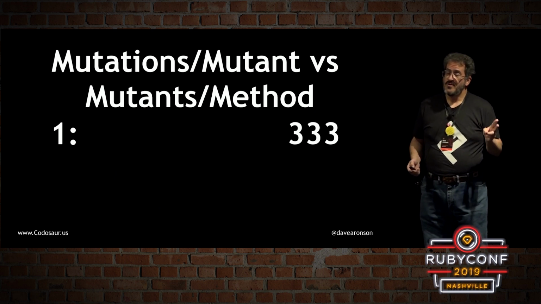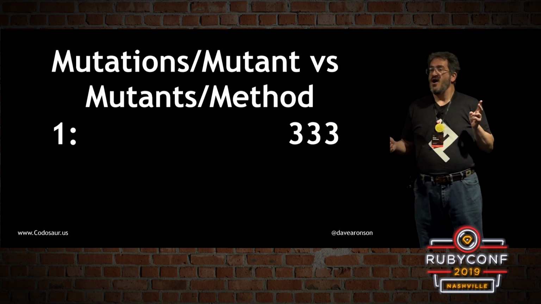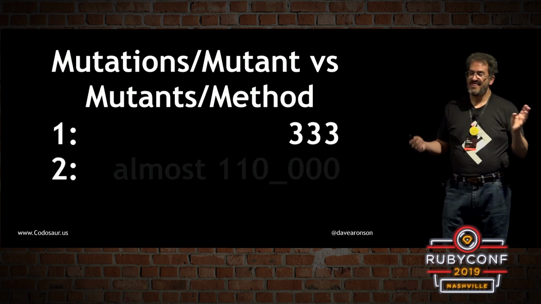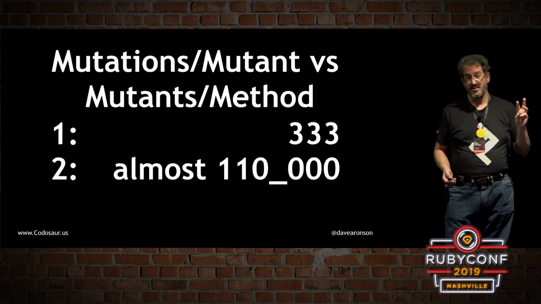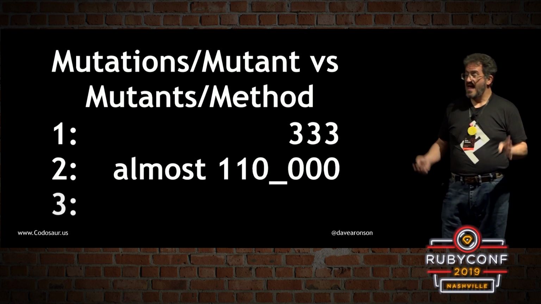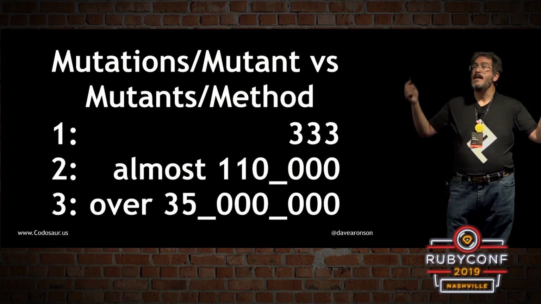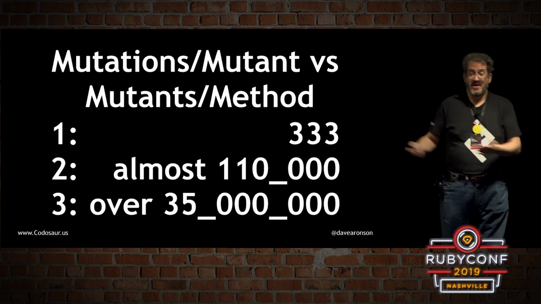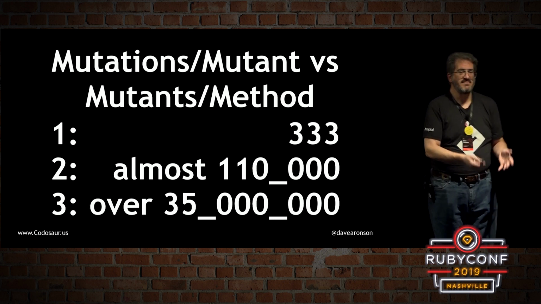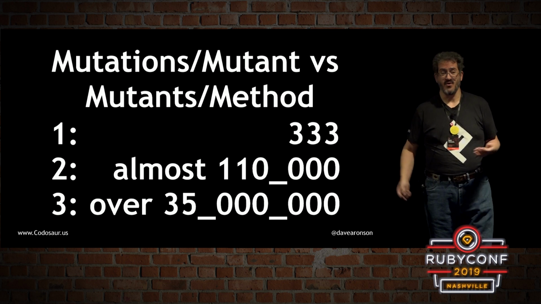With two, we would already have almost 110,000. And then with three, we would have over 35 million. Never mind running the tests, just creating the mutants would get to be quite a heavy workload.